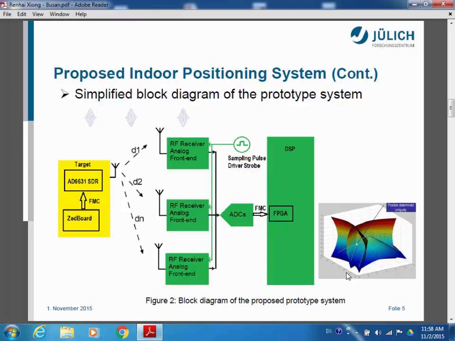But this system detects the time difference between pairwise receivers. Each time difference of arrival determines a hyperbolic surface, and the intersection of the 3 hyperbolic surfaces will determine a unique position of the transmitter.